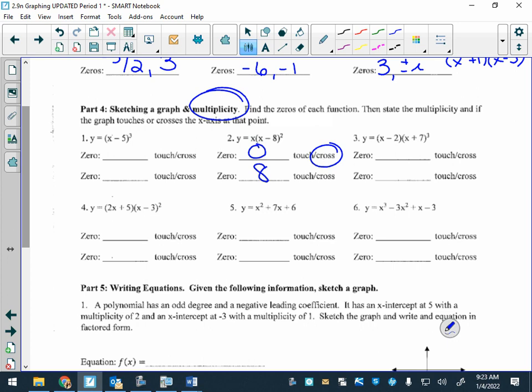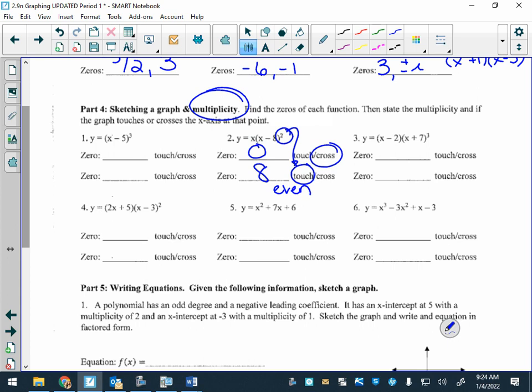Okay? X minus 8 squared, since it has a multiplicity of 2, what is happening? If 0 crosses, therefore 8 is going to touch because of the multiplicity of 2. So if it's an even multiplicity, it's touching.